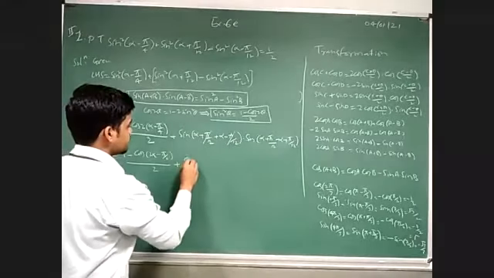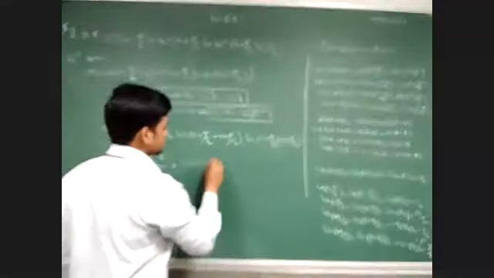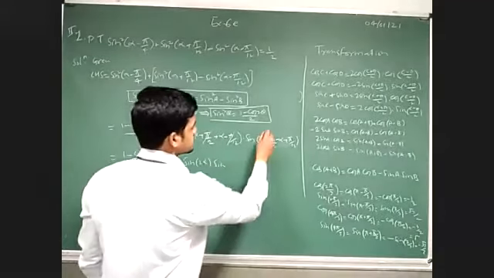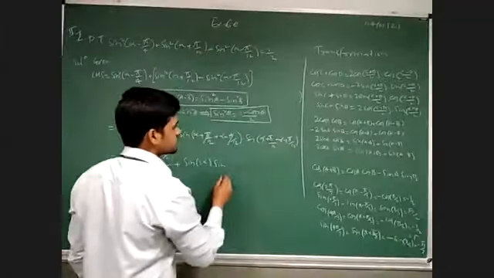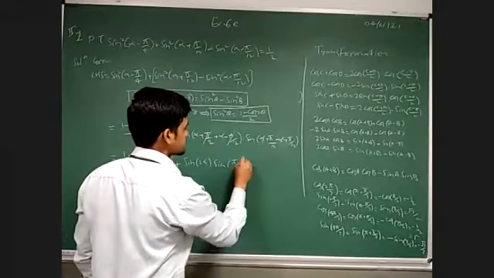So here I will have sin 2α, and here the alpha will get cancelled, so I will have π/6.